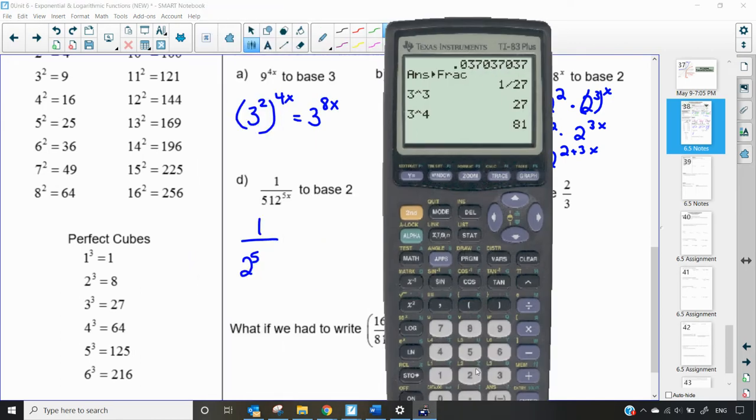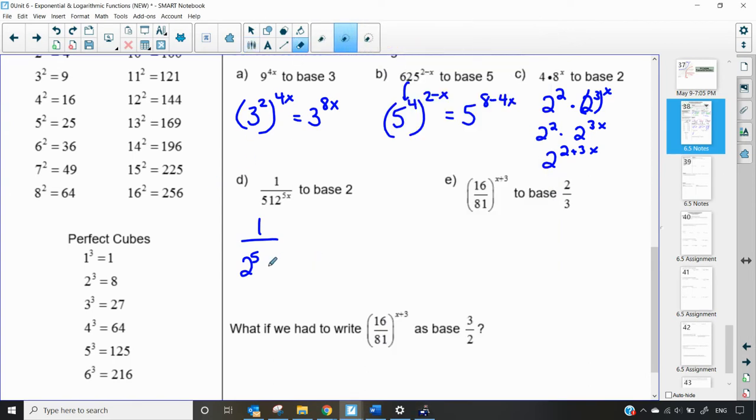No, let's try 2 to the 9, I believe. 2 to the 9, there we go. So this can be written as 2 to the 9, and then to the 5x. So that becomes 1 over 2 to the 45x. But we want to write this as base 2, not 1 over base 2. So we're going to rewrite this as 2 to the negative 45x.